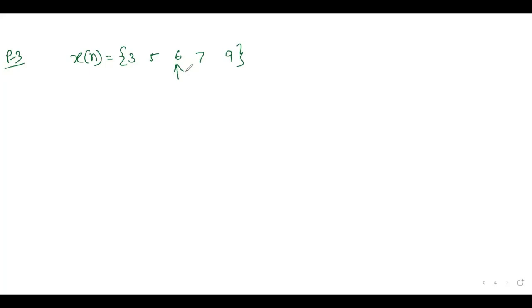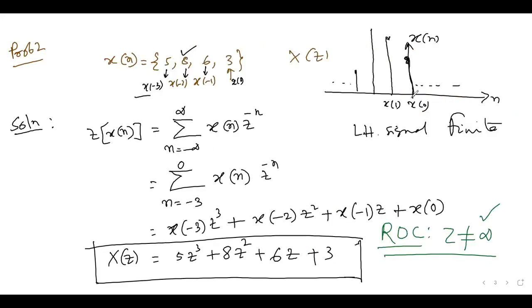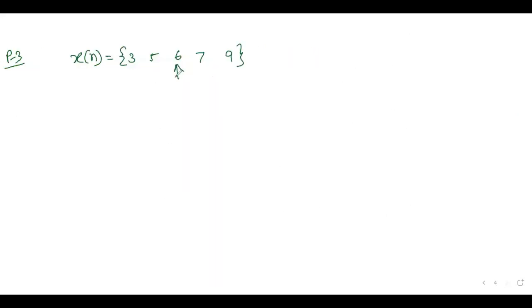So this is a both side signal. Please note this is the right hand part because the arrow is here. The samples exist towards the right side of the origin. Here this is the left hand part, and this one is the both side signal, both side finite signal.